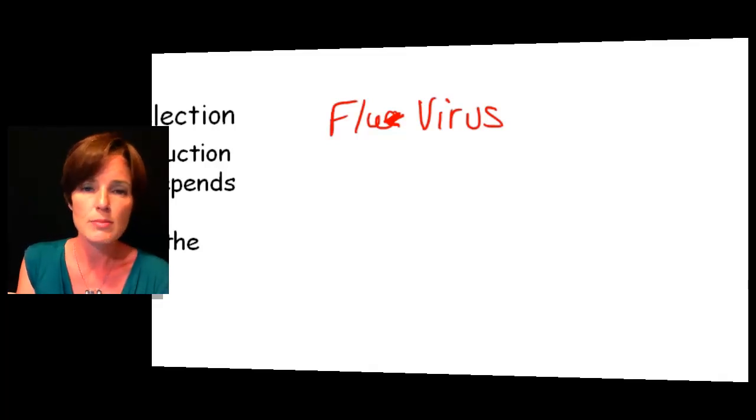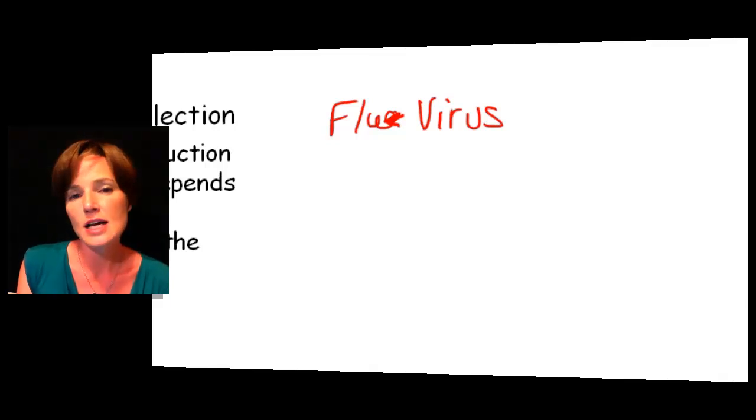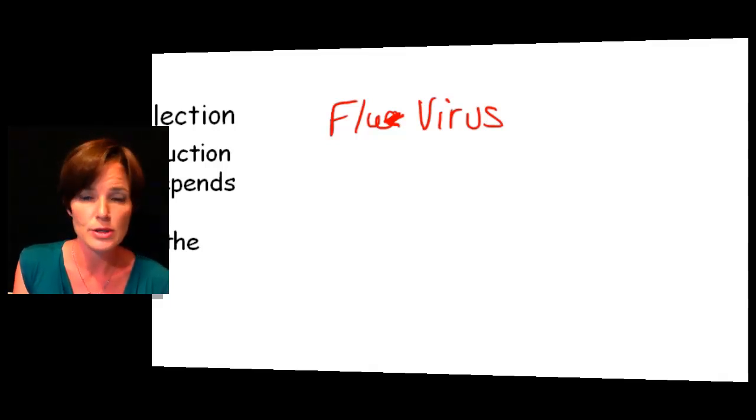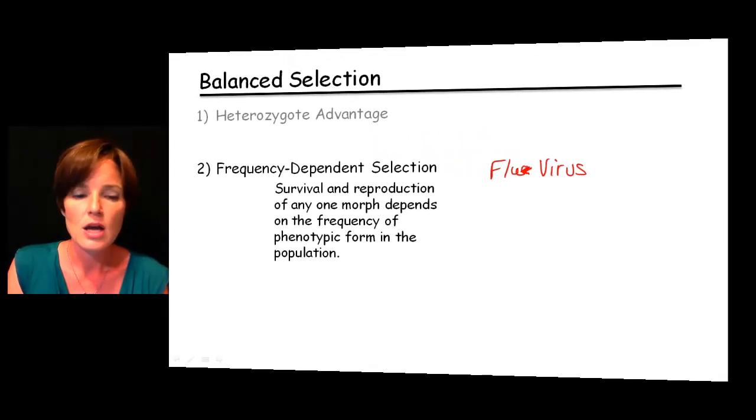Not every person, but it's unlikely that someone that has it is going to come into contact with somebody that's not already immune to it. So it makes it very difficult for that flu virus form to replicate, reproduce, and produce more forms of itself. That would be an example of negative selection.